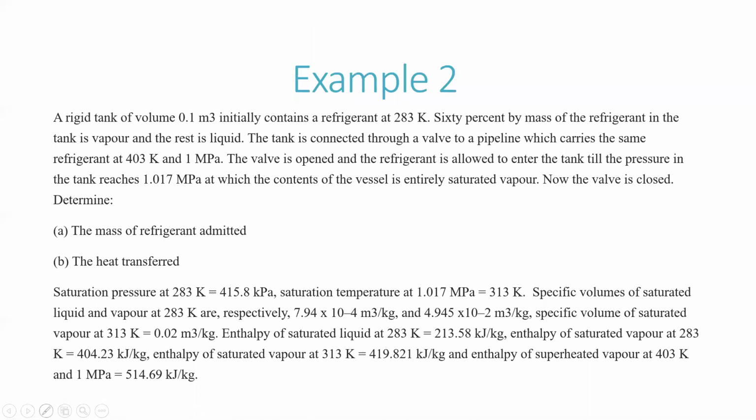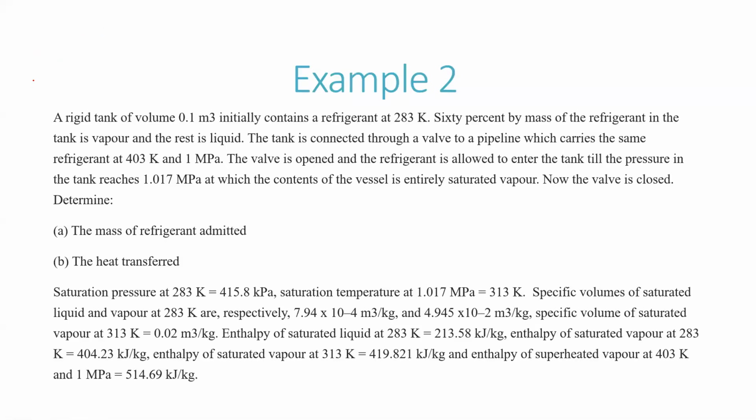Now we move on to this example. This is a very interesting example. A rigid tank of volume 0.1 meter cube initially contains a refrigerant at 283 Kelvin. 60% by mass of the refrigerant in the tank is vapor and the rest is liquid. First of all, they have given V equal to 0.1 meter cube, where V means the volume of the tank.